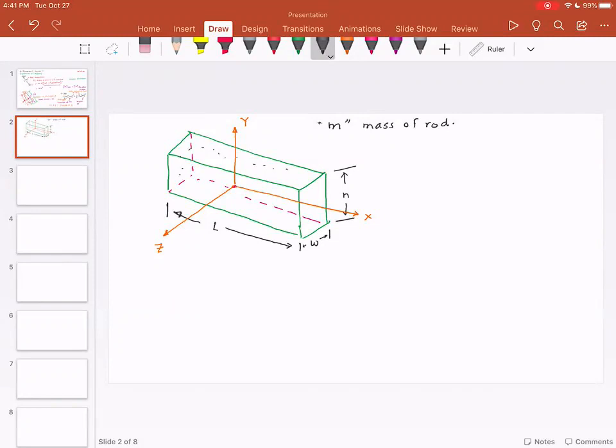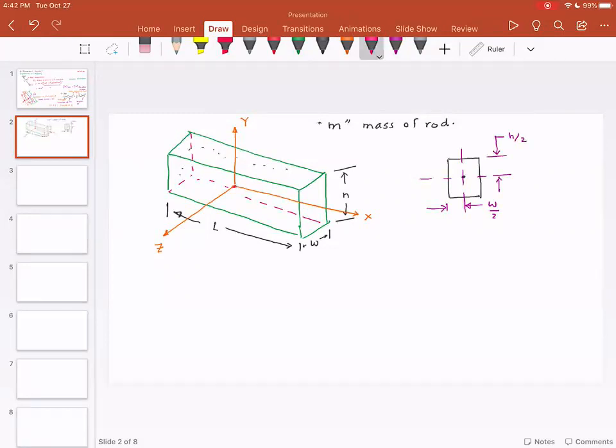If you look at the side view, the CG would be at this location, and this distance is going to be W by 2, and this distance is going to be H by 2.